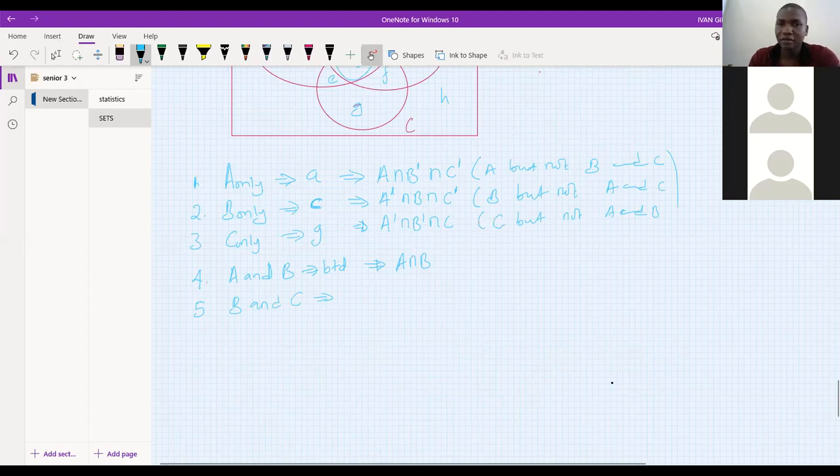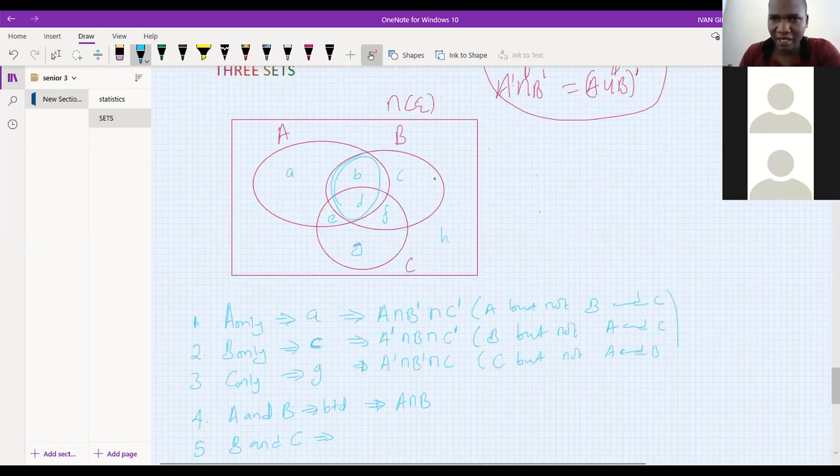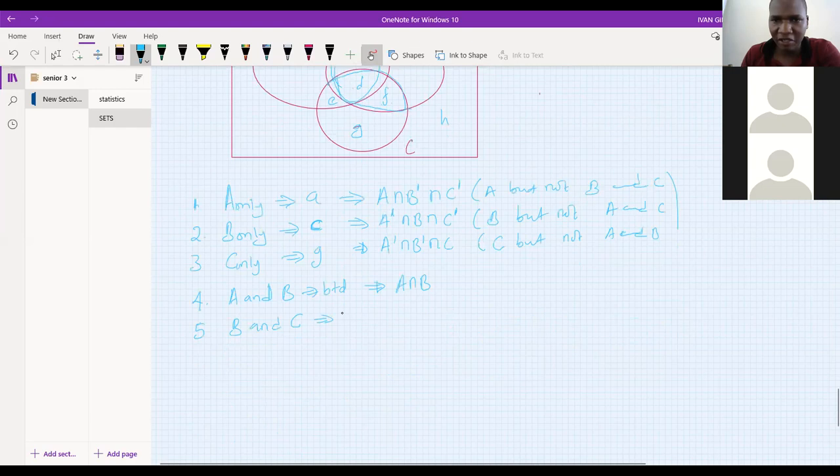So for B and C, you look for the region combining B and C. This is my set B, this is my set C. So B and C, we shall take this, that will be D and F, D plus F. And that's the same as B intersection C.